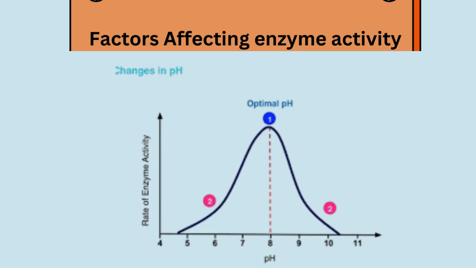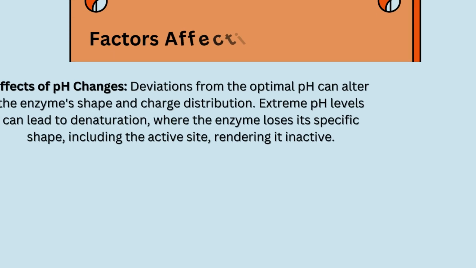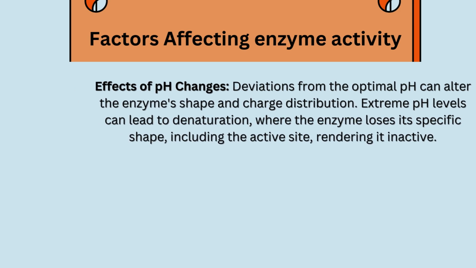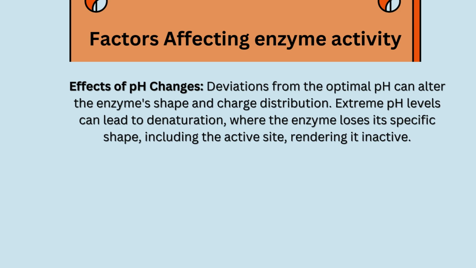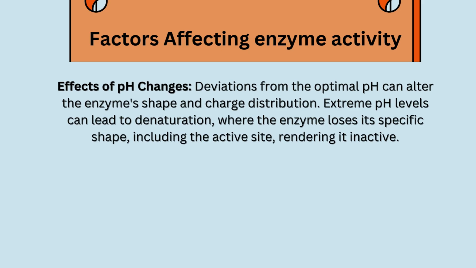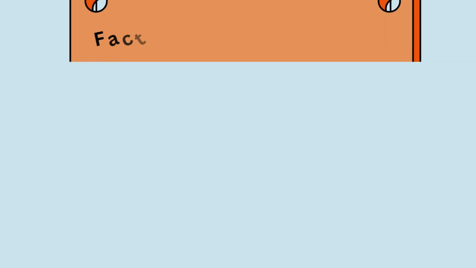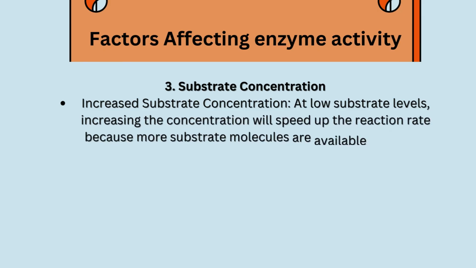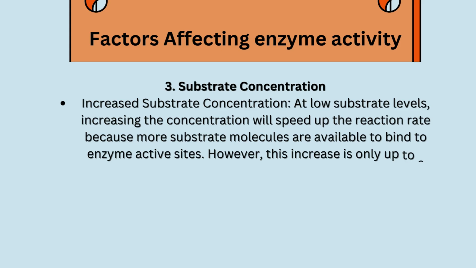For example, pepsin and trypsin are both protein digestive enzymes. Pepsin performs best in an acidic medium in the stomach at pH 2, whereas trypsin performs best in an alkaline medium in the small intestine at pH 8.